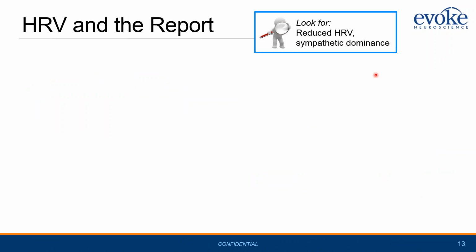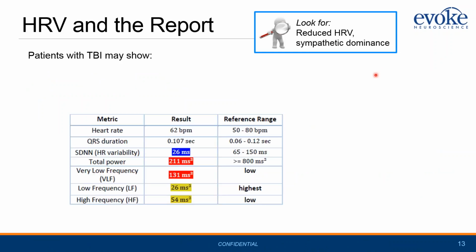All right, so HRV and the report: things to keep an eye out for when we're assessing different patients. Patients with TBI might show reduced SCNN. We talked about the time domain being affected, so heart rate variability is a low result here compared to our reference range. Remember, ideally we'd like to see a high SCNN, and a low SCNN could be indicative of somebody with TBI.